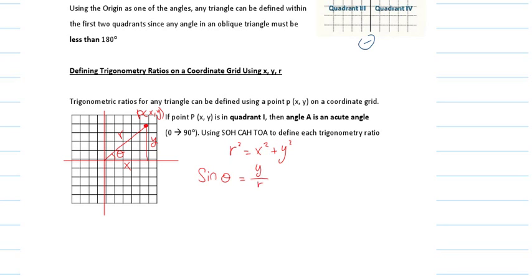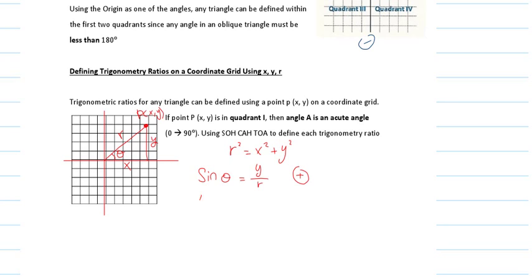And we said that cosine theta is x over r, and it's positive. And we said that tan theta is y over x, and it's positive. Anyone have any question about this? Are we okay with the letters x, y, and r?